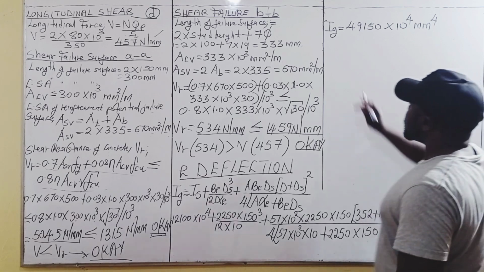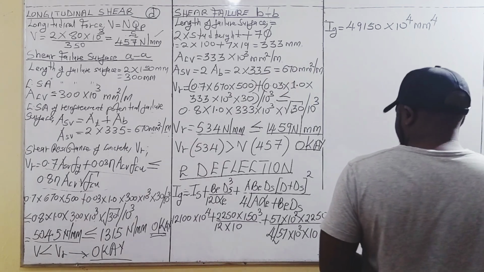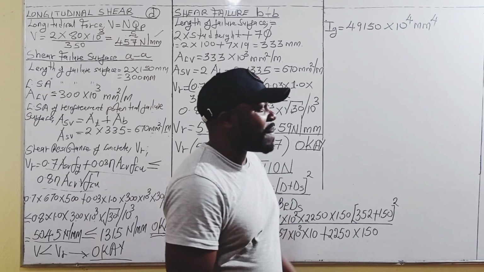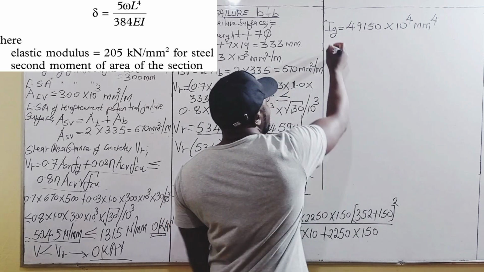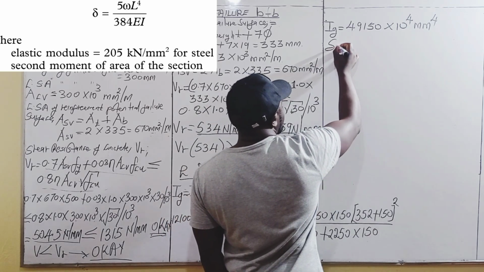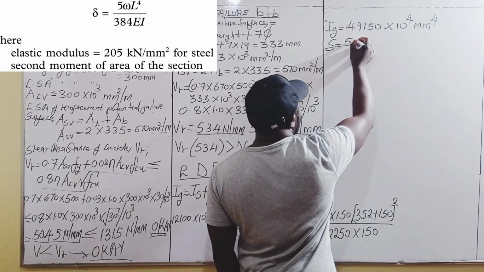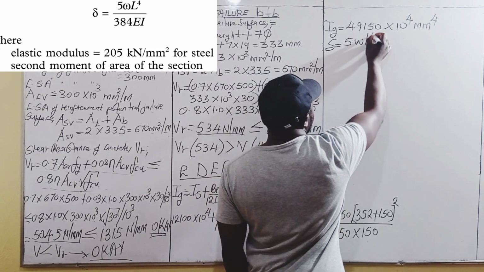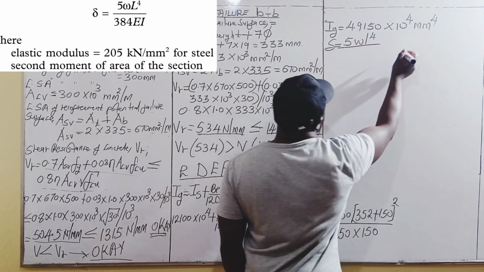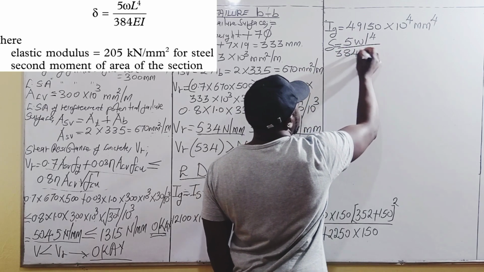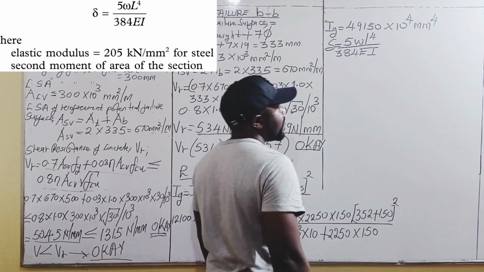So from there, we can now calculate the deflection at the midspan. Therefore, deflection at the center of our beam will be given by 5 WL raised to the power of 4 divided by 384 EI.